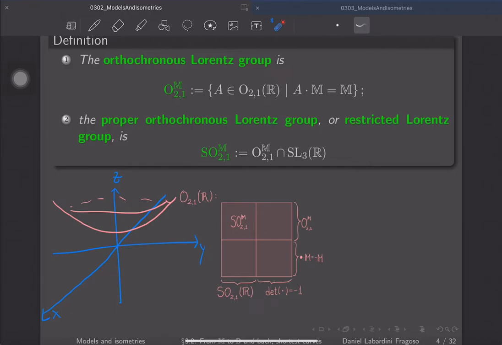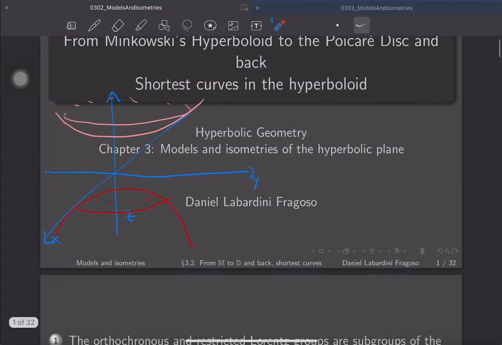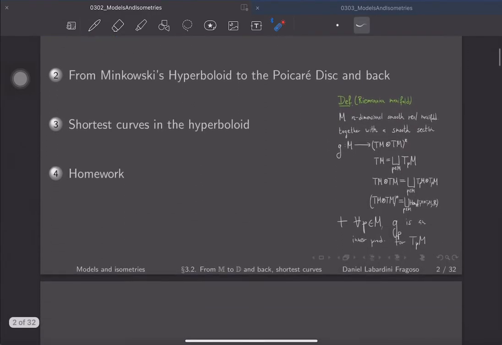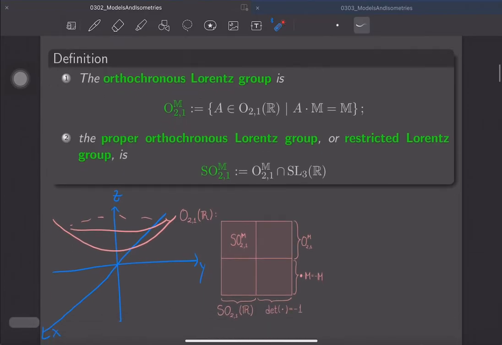But then we saw that it is perfectly possible for an element of the Lorentz group to send, for instance, the upper sheet into the lower sheet, to exchange both sheets, right? So there are elements in the Lorentz group that do not preserve the upper sheet, and we restrict our attention to those elements that do.